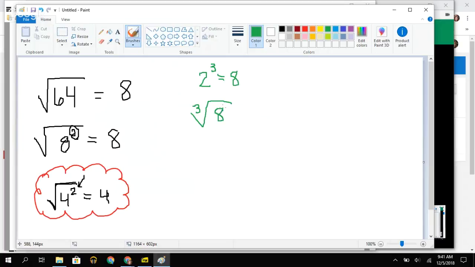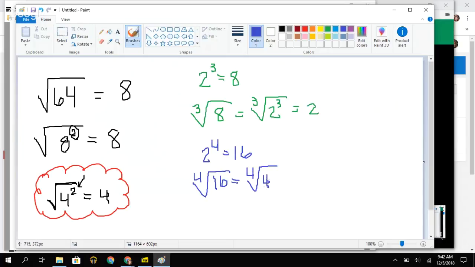If I took the cube root of 8, that would be like taking the cube root of 2 to the 3rd power, and that would be 2. You can take the 4th root of a number. 2 to the 4th power is 16, so the 4th root of 16 would be the same as the 4th root of 2 to the 4th power, which would be 2 again.